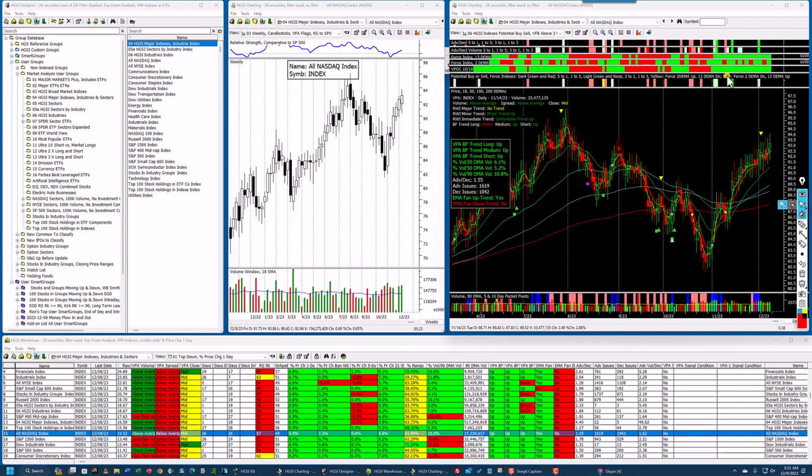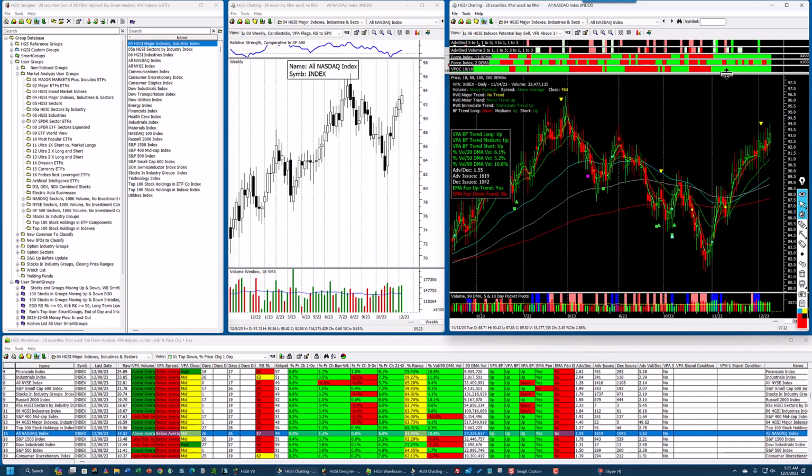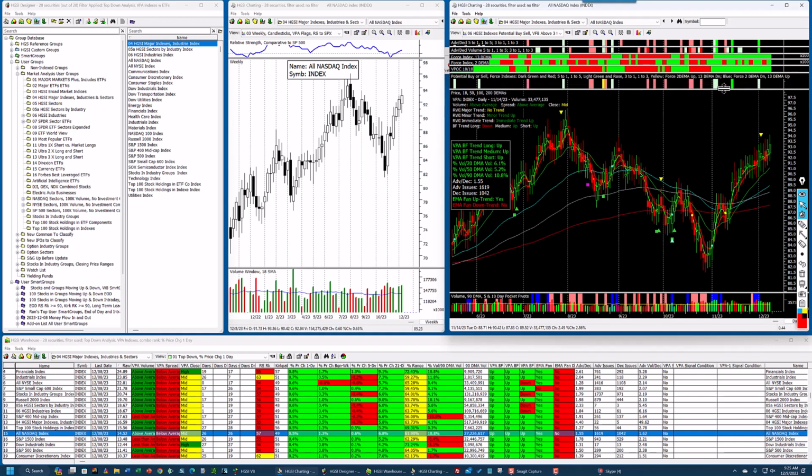It's no big deal, and I cannot figure out why sometimes it does that. But you can also close this line right here and just look and see where everything's green, and those will give you buy and sell signals. The red is just the opposite.